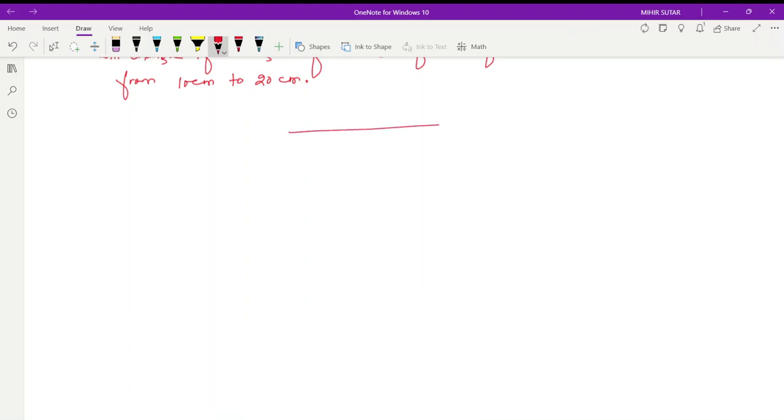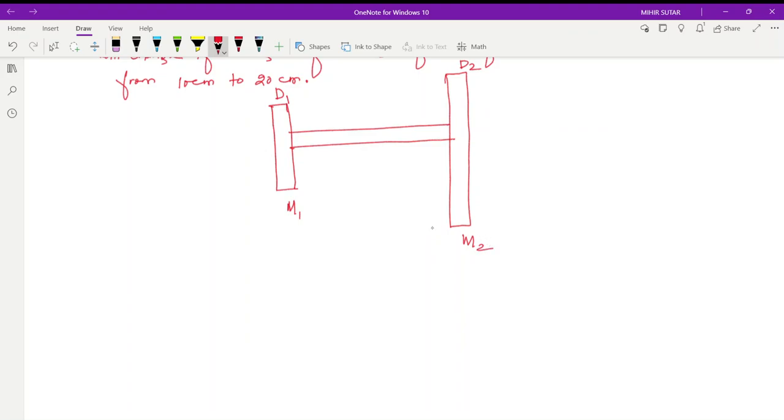The schematic is like this. Diameter D1, mass M1, diameter D2, mass M2, length L, diameter D at the start.